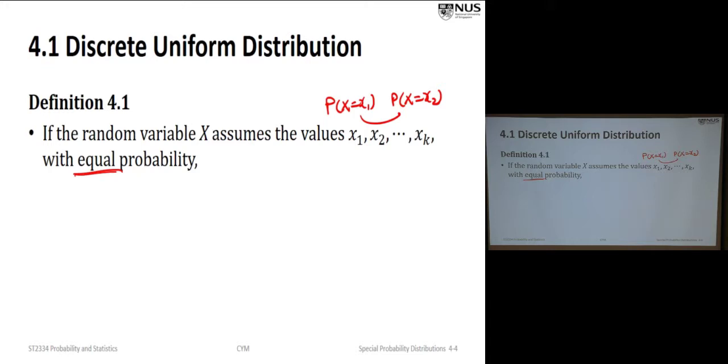But as a uniform distribution, uniform means it does not depend on the value, so long as it is one of x1 up to xk. So a discrete uniform distribution has to have equal probability for all these values. Then the next question is, what is this probability? Obviously we know, because we have only k possible values for x, so each one should have the same probability, 1 over k.